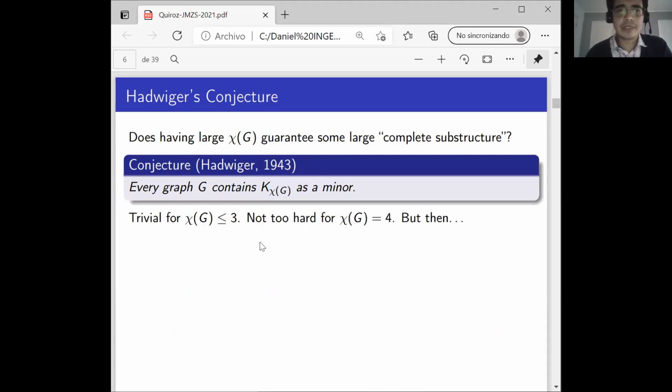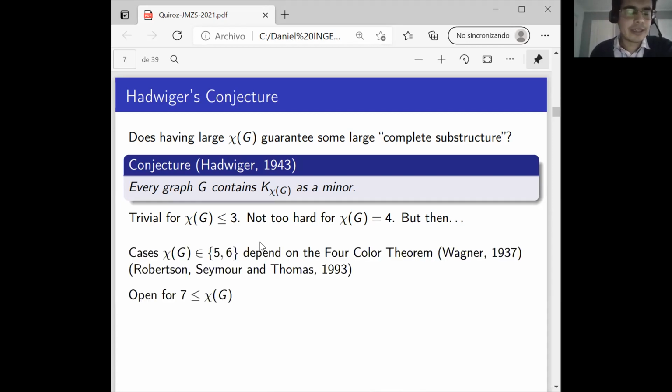This conjecture is trivial when your chromatic number is small, at most 3. It's not too hard when it's 4, but then it becomes really hard.